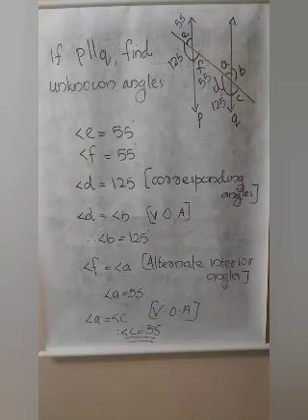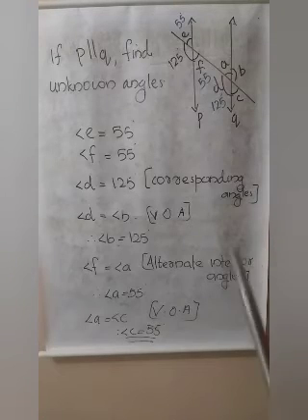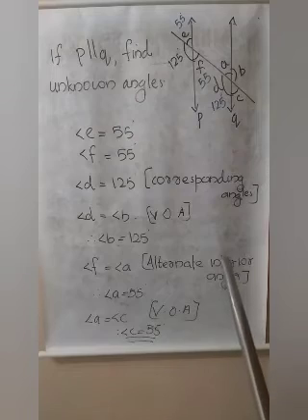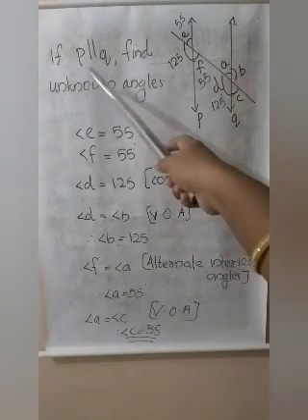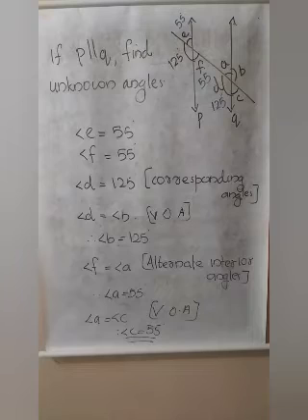The concepts of corresponding angles, alternate interior angles, and interior angles on the same side of the transversal, all these concepts we can use because it is already given in the question that P is parallel to Q. If that condition is given, then only we can apply these concepts. For vertically opposite angles and linear pairs, the lines being parallel is not a condition.